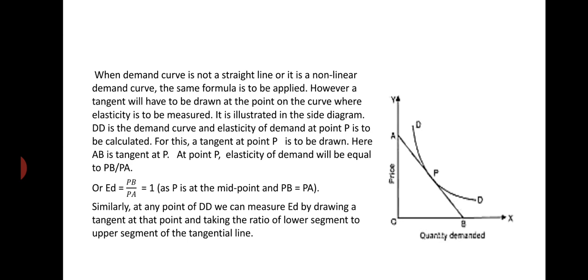You see, the tangential line AB is drawn at point P. Here AB is the tangent at P. At point P, elasticity of demand will be equal to PB divided by PA, the lower segment from the point divided by the upper segment from point P. So ED at point P is equal to PB by PA, which is equal to 1, because P is the midpoint of AB and PB is equal to PA.